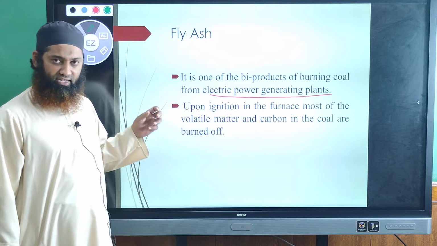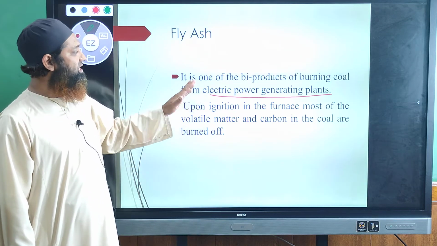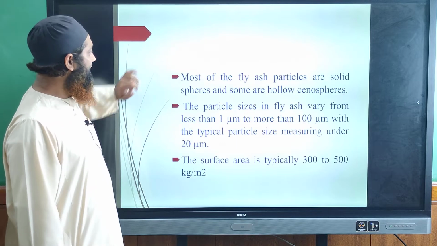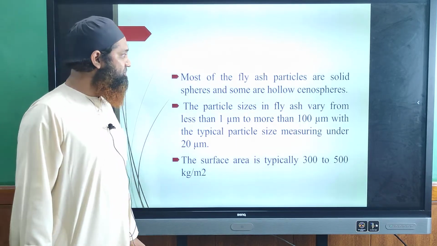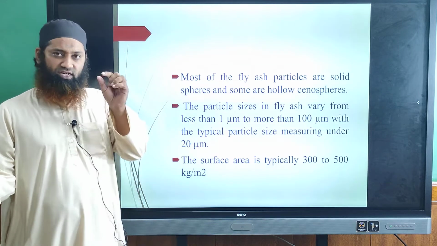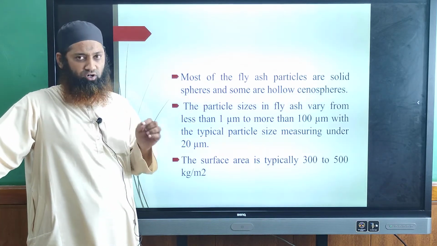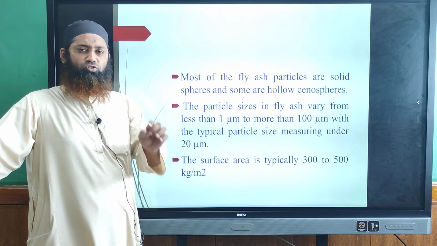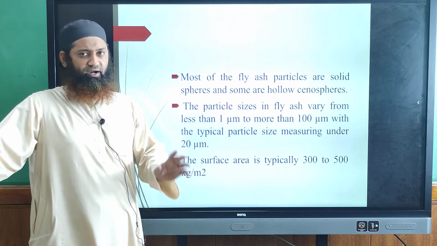Most of the main material is burned off, and fly ash is the leftover product. Most of the fly ash particles are solid spheres and some are hollow spheres. You don't get them in a powdered form. Most of them are solid spheres. Then again they are broken up into small particles.